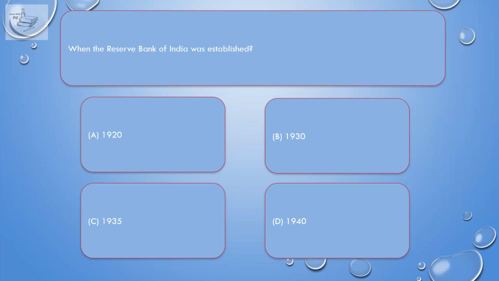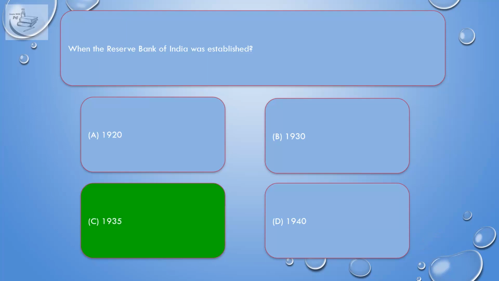Question: When was the Reserve Bank of India established? A. 1920, B. 1930, C. 1935, D. 1940. Correct answer is C. 1935.